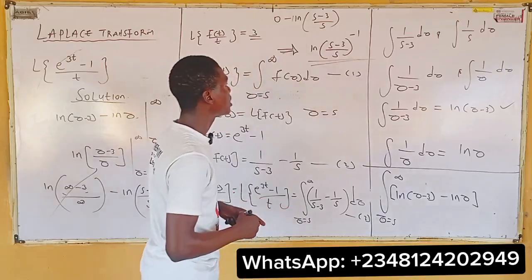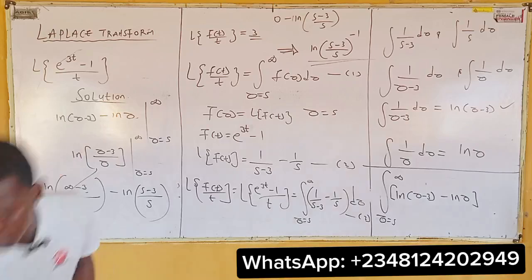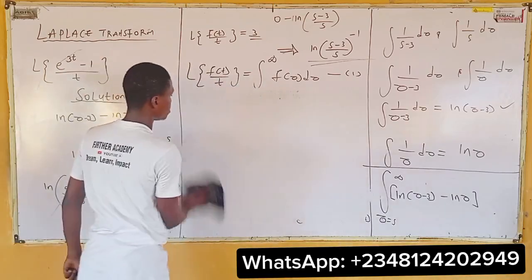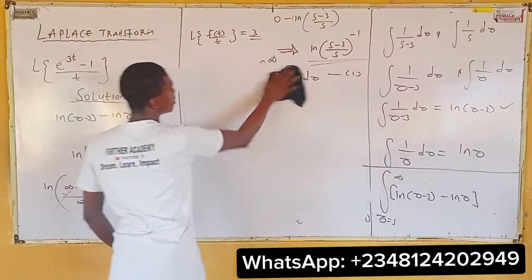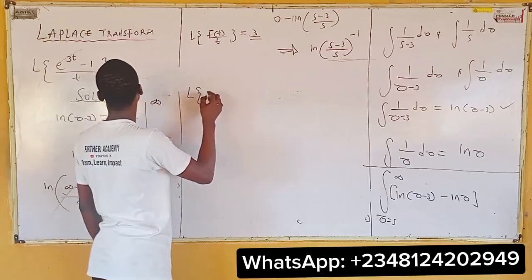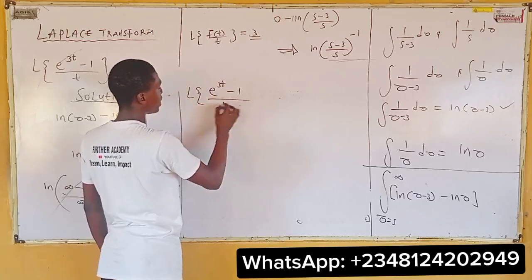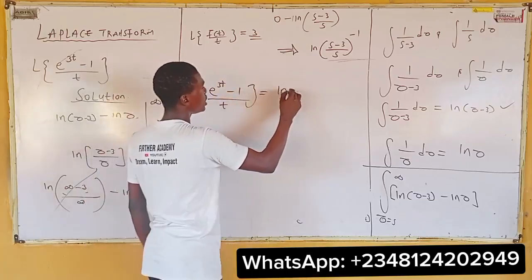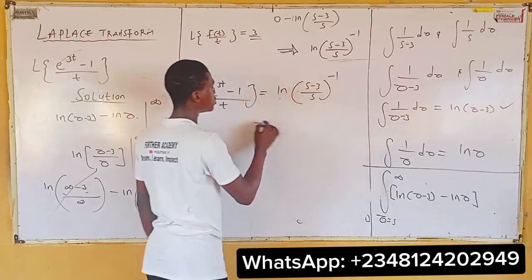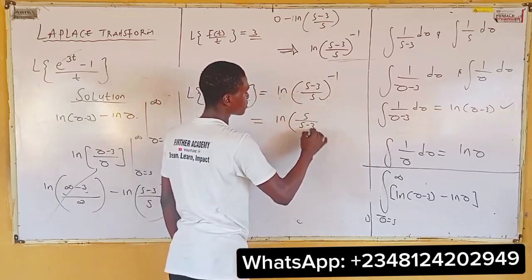So we are saying that the Laplace transform of (e to the power 3t minus 1) all divided by t, which equals ln of ((x minus 3) over x) to the power of negative 1, is equal to ln of (x over x minus 3).